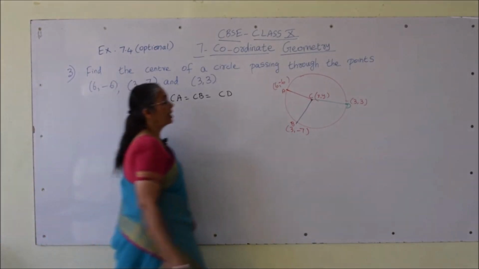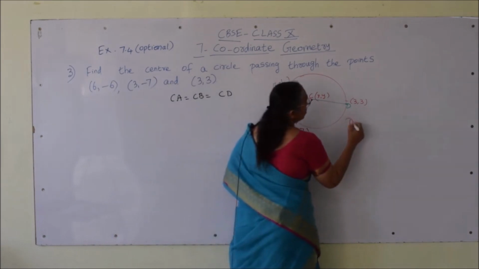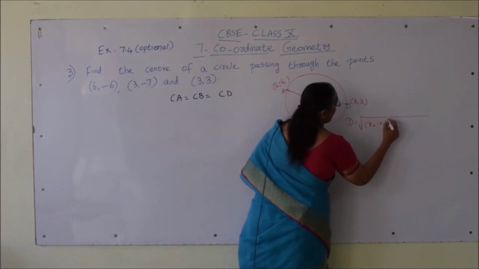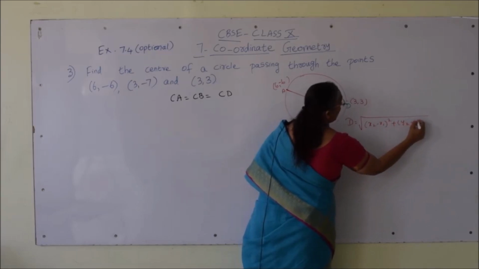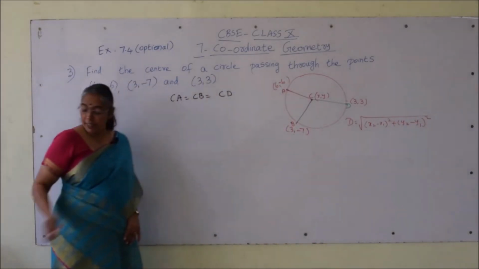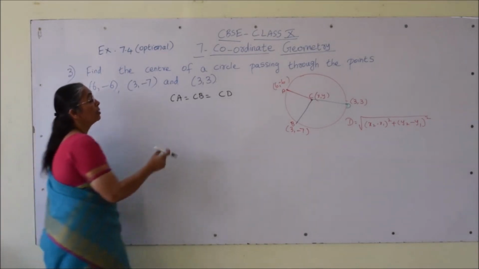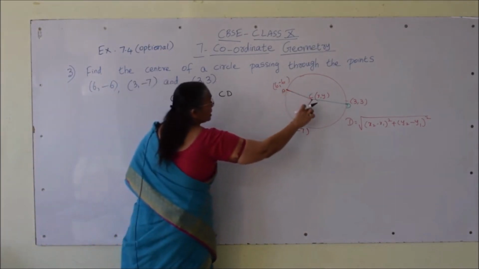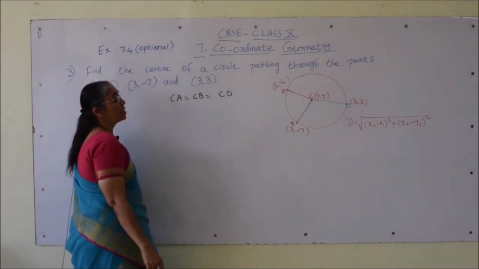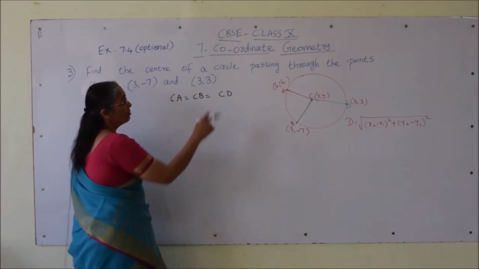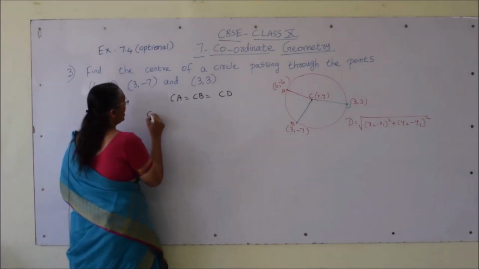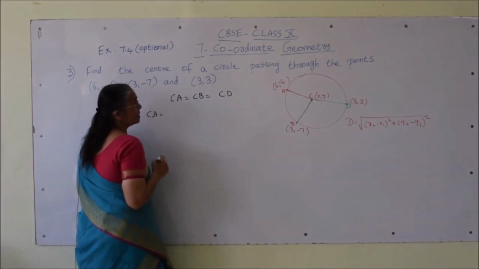The distance between 2 points is given by the formula root over (x2 minus x1) whole square plus (y2 minus y1) whole square. So, we find the distances CA, CB and CD, and we can equate those distances to find the values of x and y. Now, first the CA distance.